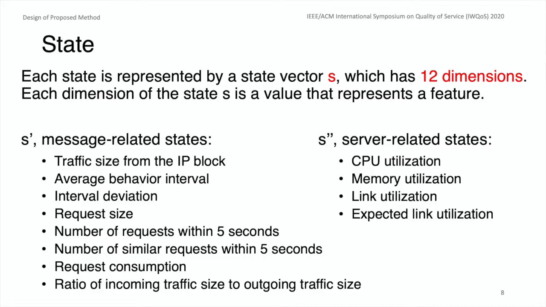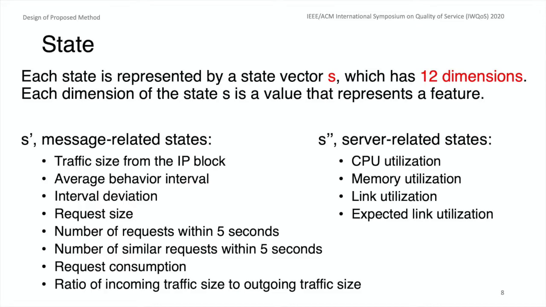Now let me introduce some key components in the system. First of all, state. Each state is represented by a state vector S. S has 12 dimensions, and each dimension of S is a value that represents a feature. Eight of the dimensions are request-related state S prime, such as a client's average behavior interval, request consumption, and request size.